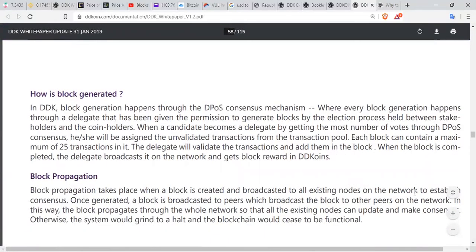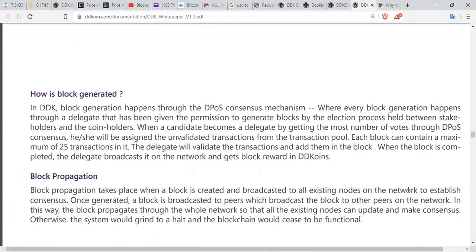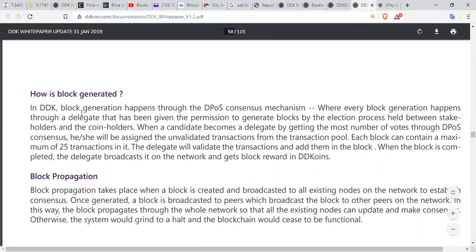How is a block generated? We mentioned in the previous video that the DDK blockchain uses the DPoS consensus mechanism. So in DDK, block generation happens through DPoS, where every block is generated by a delegate that has been given the permission to generate blocks by the election process.